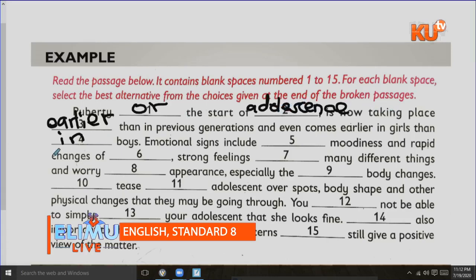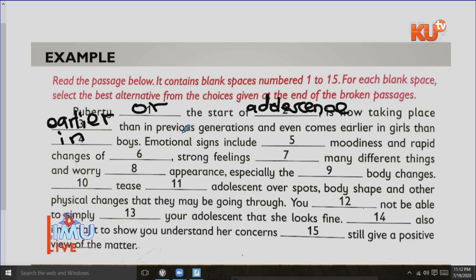Is now taking place dash than in previous generations. The choices are: later than, is taking place earlier than, latest than, earliest than.